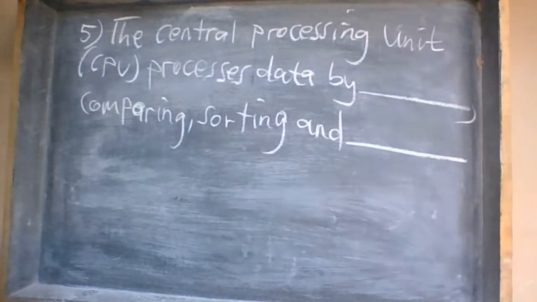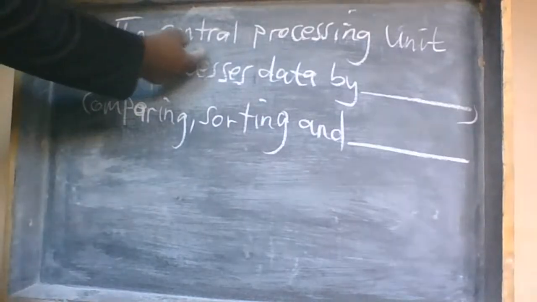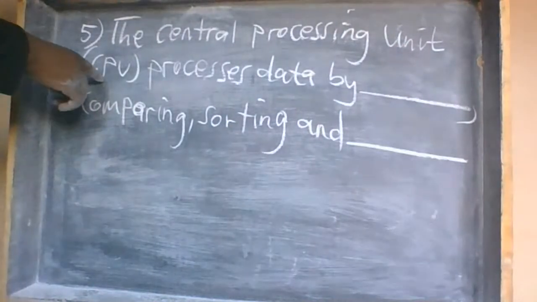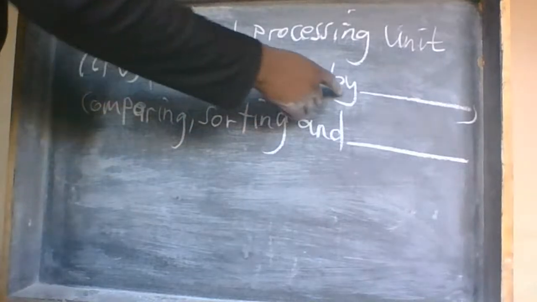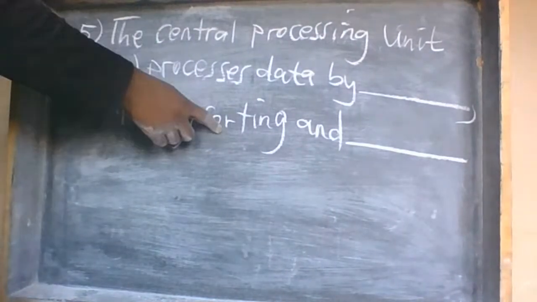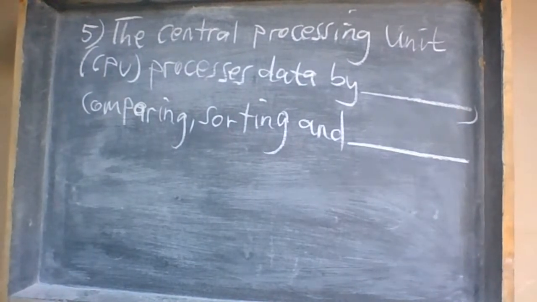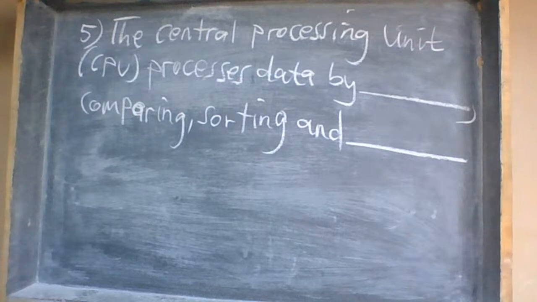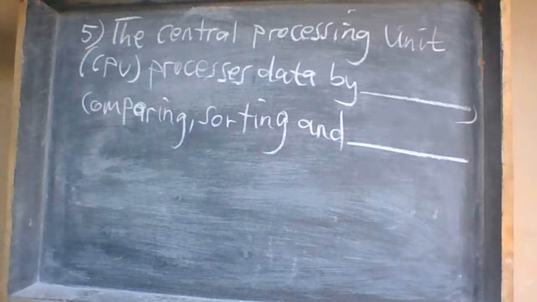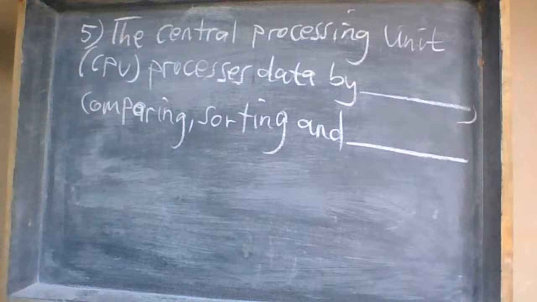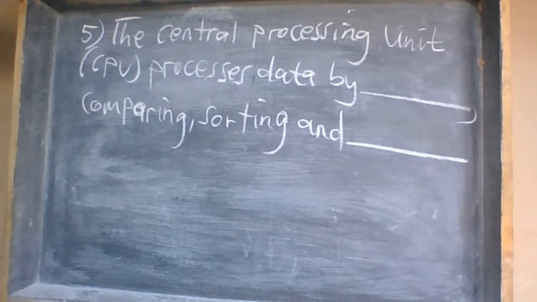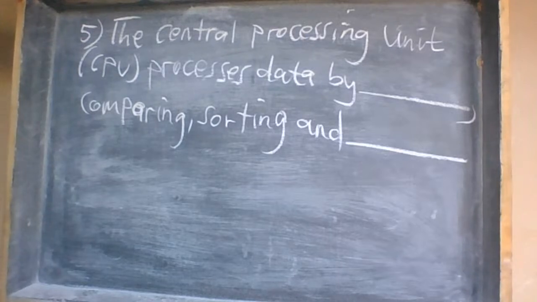Now, the central processing unit, CPU, processes data by dash, comparing, sorting, and dash. The CPU of a computer is composed of certain units: the control unit as well as the arithmetic and logic unit.